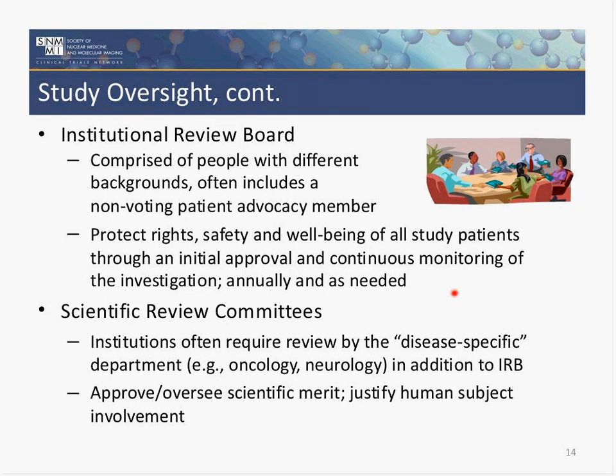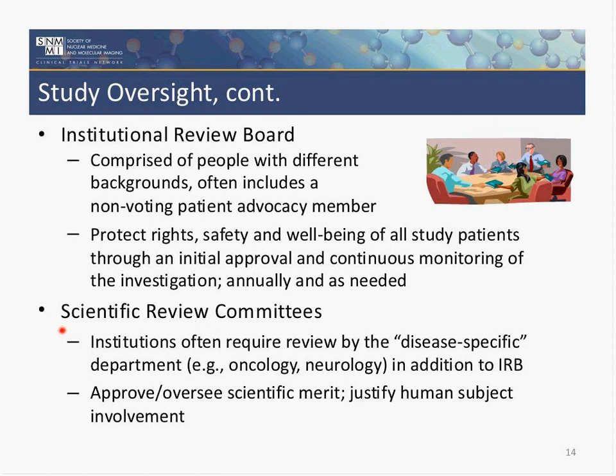To know that, in addition, when you're trying to get a protocol approved, often lately we see additional reviewing bodies, scientific review committees, that have to approve some things. Maybe there's an oncology review committee that has to review oncology-related protocols before it even gets to the IRB, et cetera.